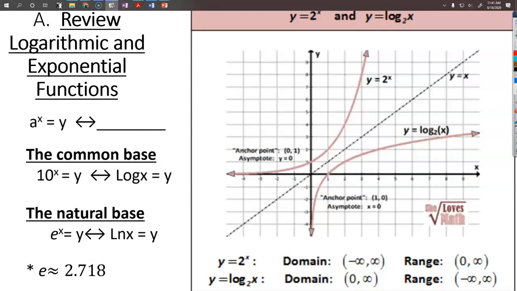In fact, one of the reasons we like the number e is because of what we're going to see today in our lesson. It's quite amazing. The derivatives of these functions are extremely simple because of e. The derivatives of other exponential and logarithmic functions are unfortunately not as pretty to look at, but these guys are very simple. You're going to love the derivatives of e to the x and ln x.